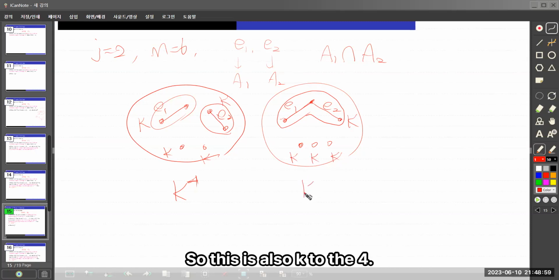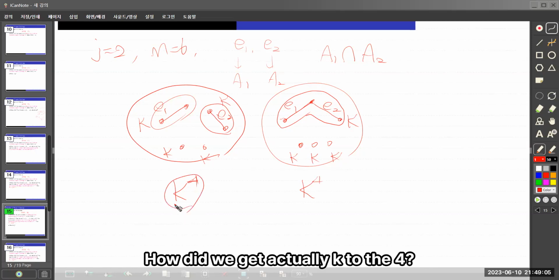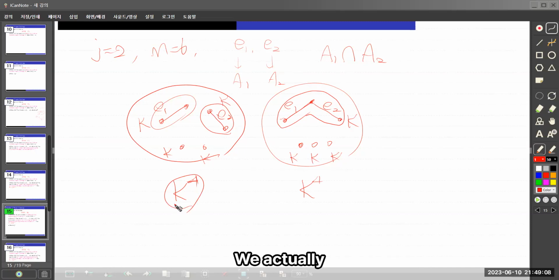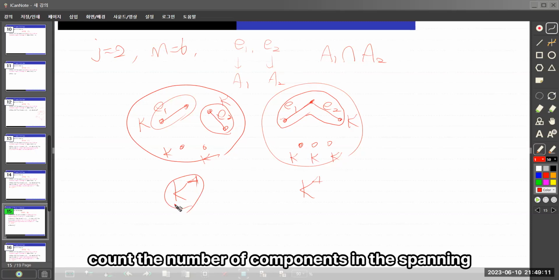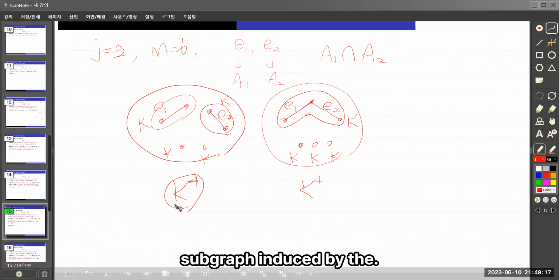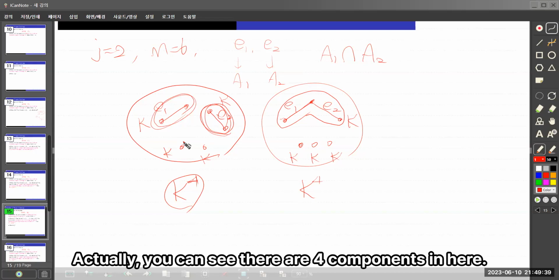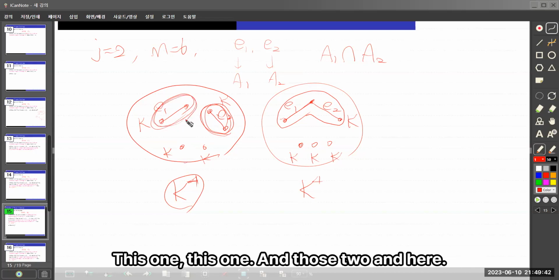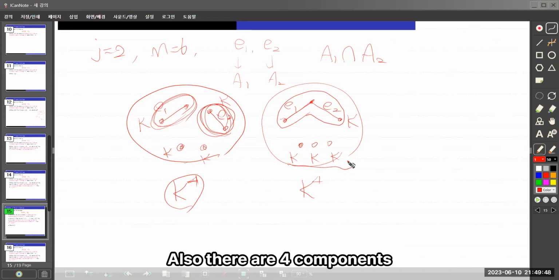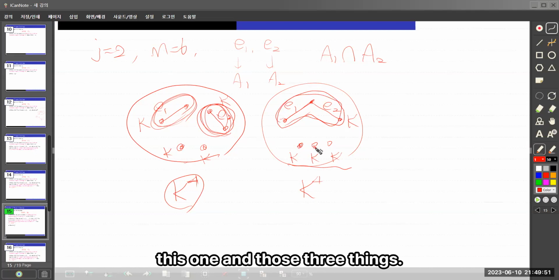So this is also k to the 4. How did we get k to the 4? We count the number of components in the spanning subgraph induced by the edges. In the first case, e_1 and e_2, you can see there are 4 components: this one, and those two. And here also there are 4 components: this one and those three.